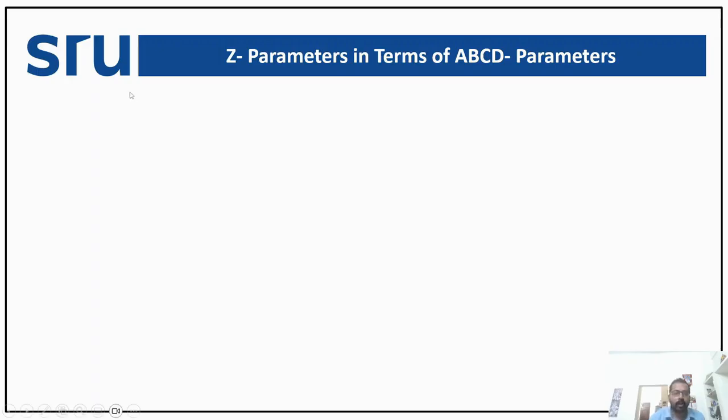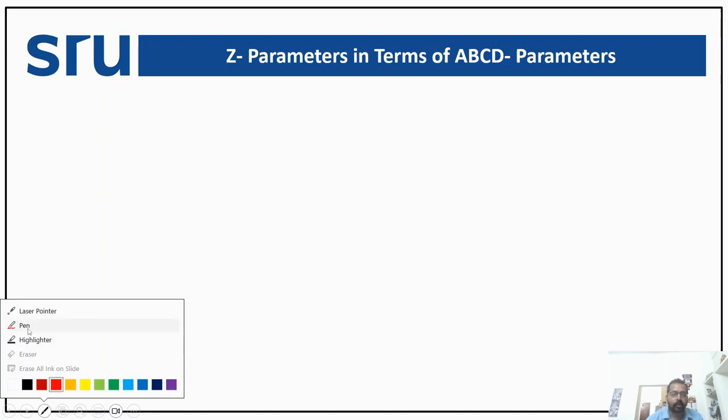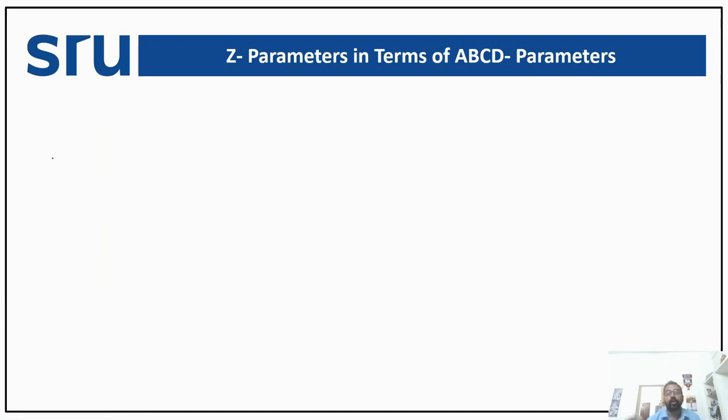How do my ABCD parameters look? Here the input port is in terms of the output port parameters. So my V1 is equal to A V2 minus B I2.